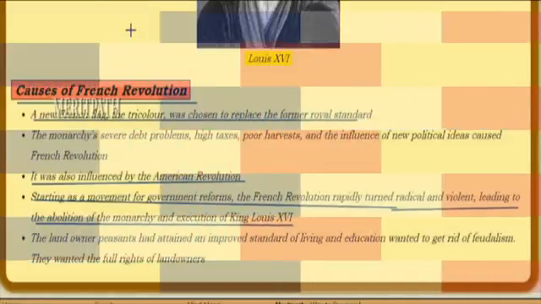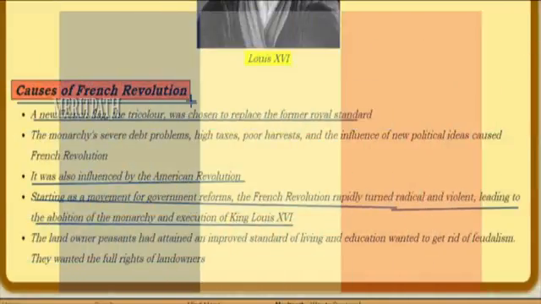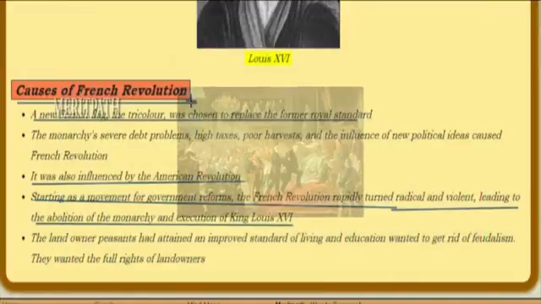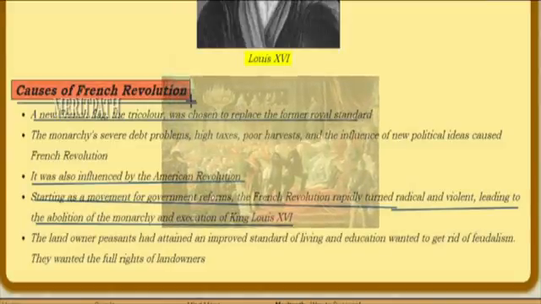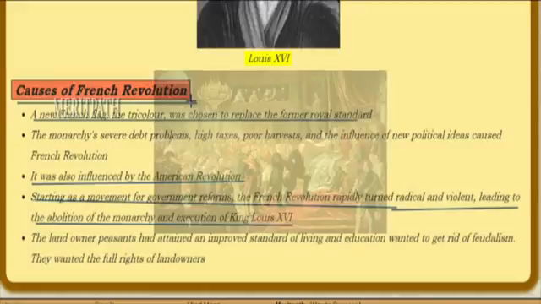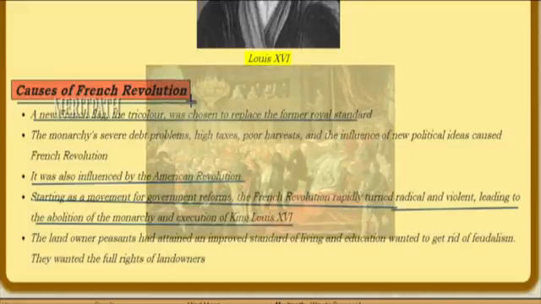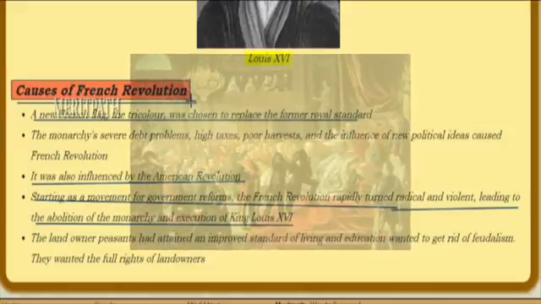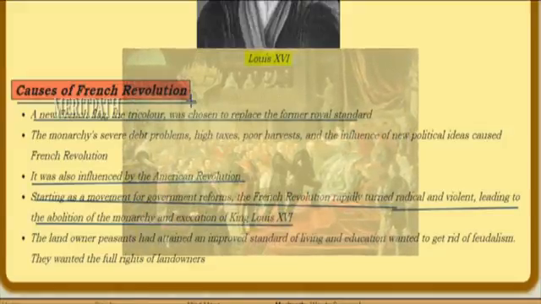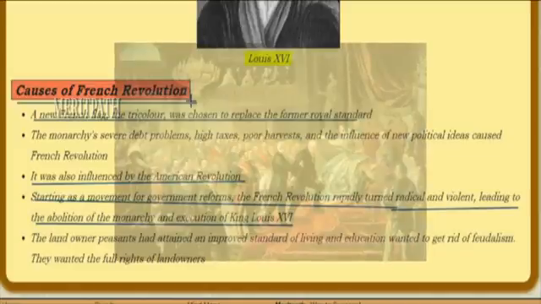Causes of the French Revolution. A new French flag, the tricolor, was chosen to replace the former royal standard. The monarchy's severe debt problems, high taxes, poor harvests, and the influence of new political ideas caused the French Revolution. It was also influenced by the American Revolution.